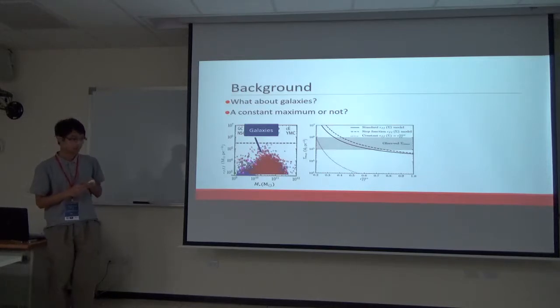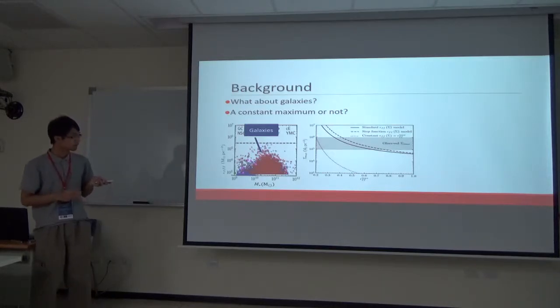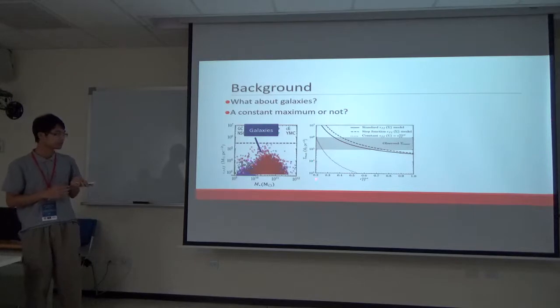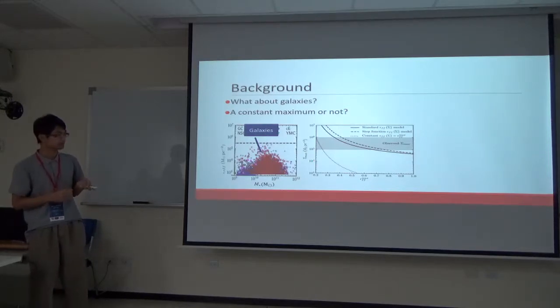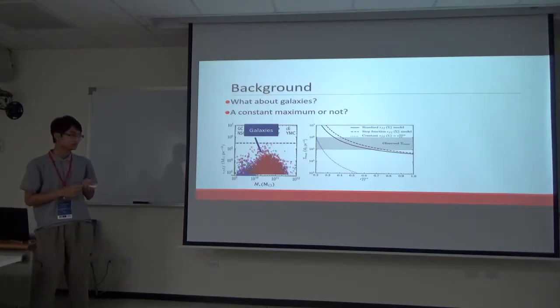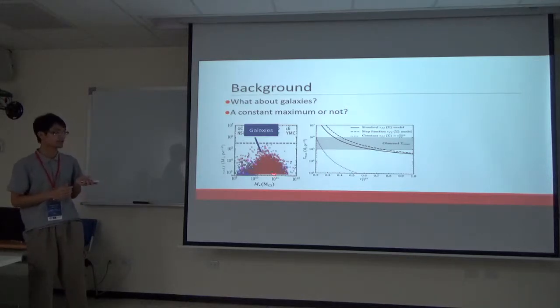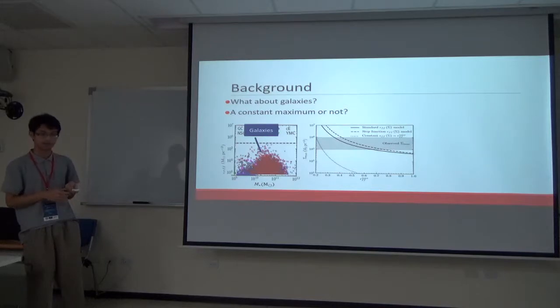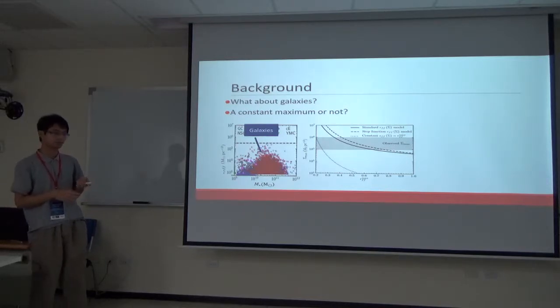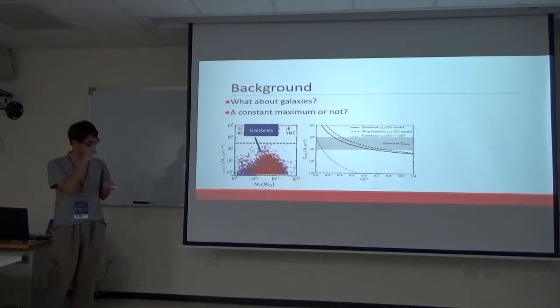Another problem is that this evolution theory is not fair to apply to all stellar systems from star clusters to galaxies, because the mechanisms of their formation may be different.